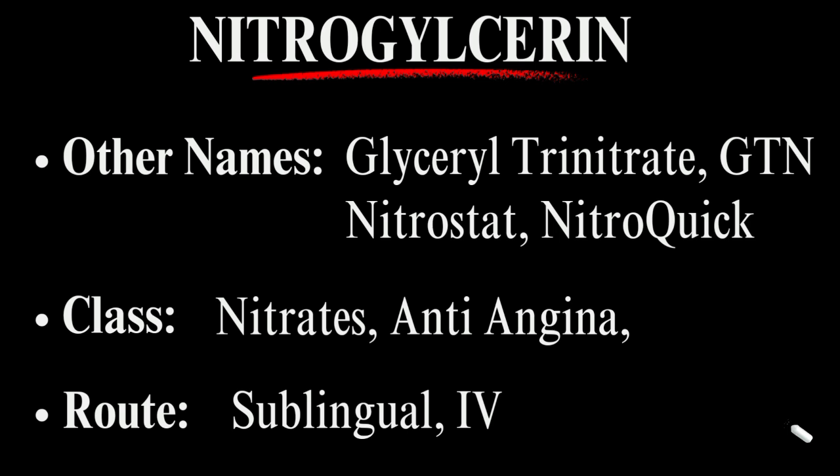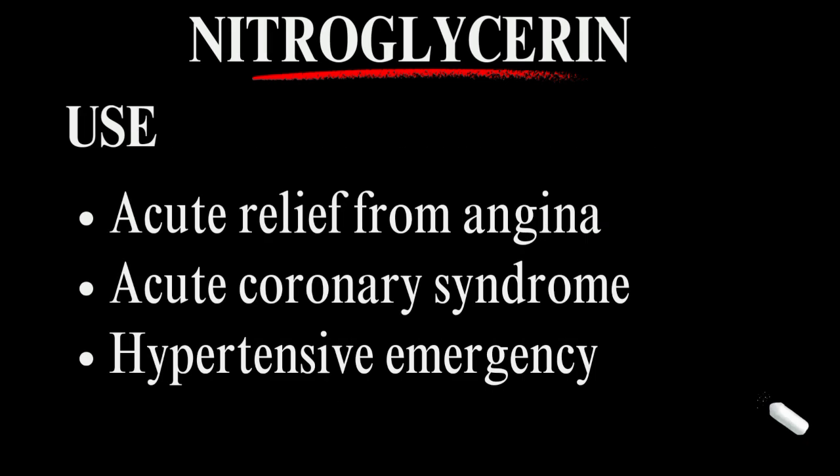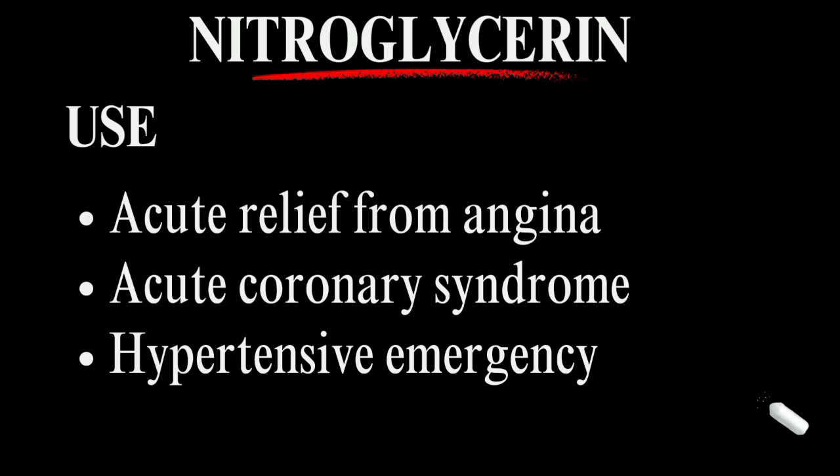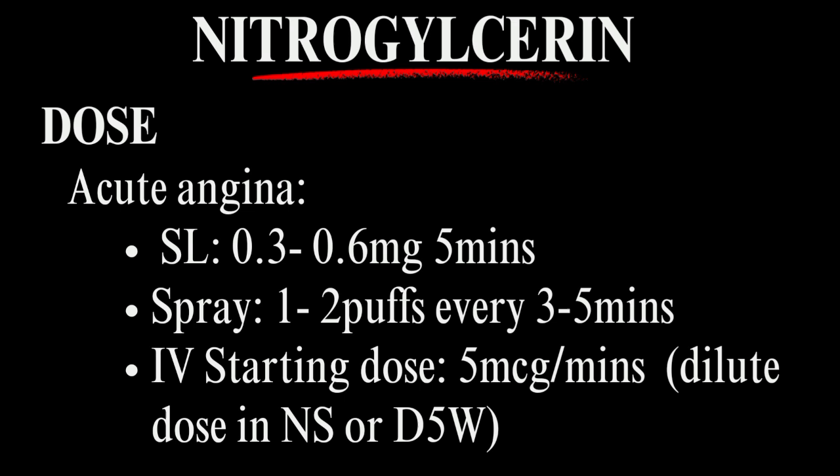So it's used for the acute relief from angina, acute coronary syndrome, and then also hypertensive emergency. For the management of acute angina, a sublingual dose of 0.3 to 0.6 milligram is given every 5 minutes. And for the spray, you can give 1 to 2 puffs every 3 to 5 minutes.